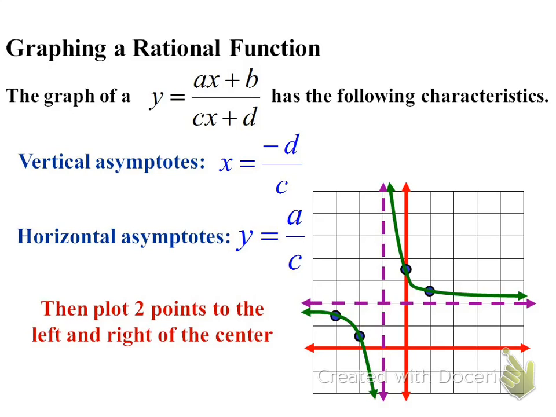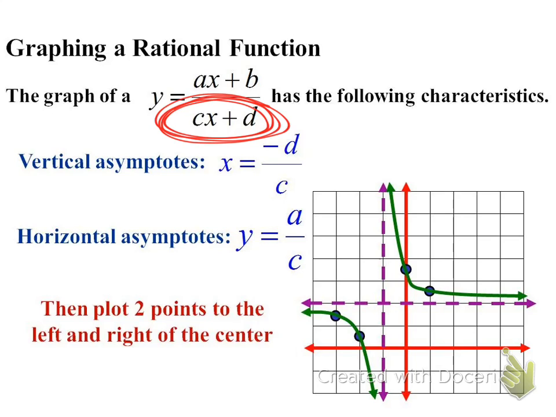So when you're in this form, again, like I keep saying, once you find those asymptotes, it's really the same process. So the only difference now is how we're going to find those asymptotes. So the vertical asymptote, it's pretty much the same process, it just takes an extra step. The vertical asymptote is going to be whatever makes the bottom equal to 0.